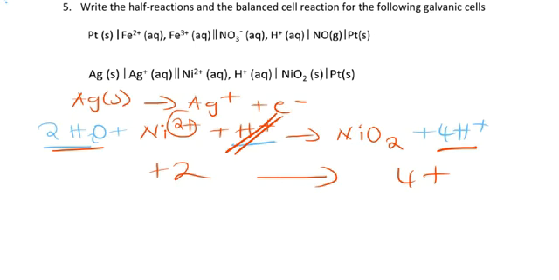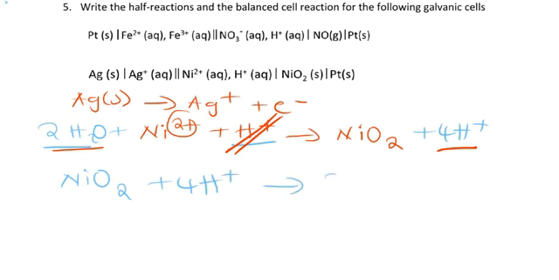So if we expect this one to be reduction, we're not supposed to actually reverse it, unlike the way we've put it. So we have NiO2 appearing on the left, plus the 4 hydrogen ions, giving us 2 water molecules plus nickel 2 plus. So electrons will appear here now. 2 electrons were actually gained.